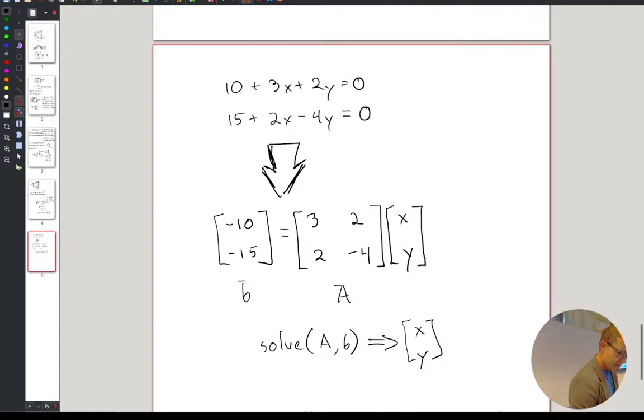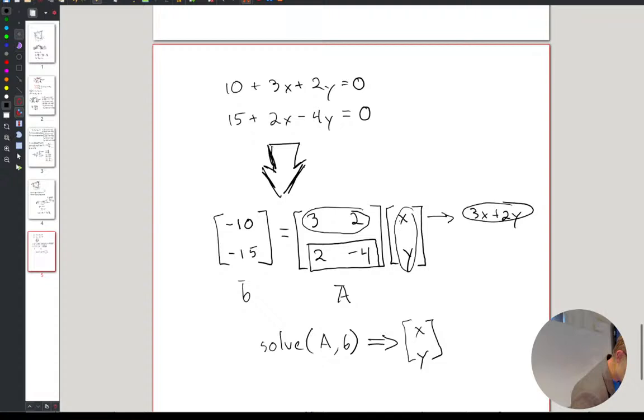So when I multiply matrix times vector, I take this row times this column, so that turns into 3x plus 2y, and then this row times that column turns into 2x minus 4y.